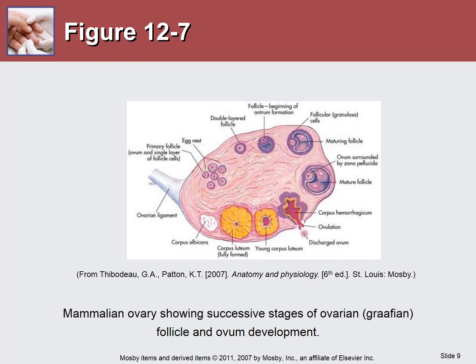We have to ovulate. Women ovulate every 28 days, and there is the process of the follicle being released and then traveling, and then of course the hormone levels that go up: follicle stimulating hormone, luteinizing hormone, estrogen, and progesterone.